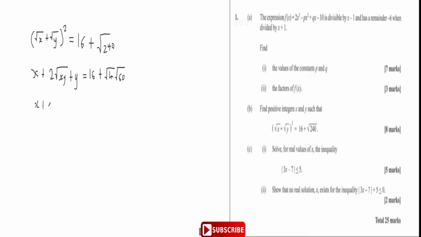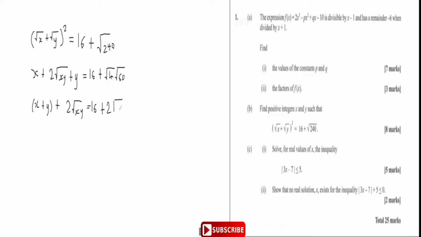So I'm grouping the terms without square root, x plus y plus 2 times the root of xy, and that is equal to 16 plus the square root of 4 is 2 times the root of 60.